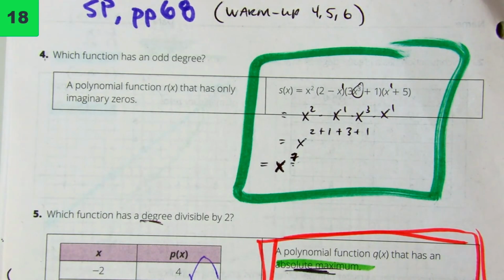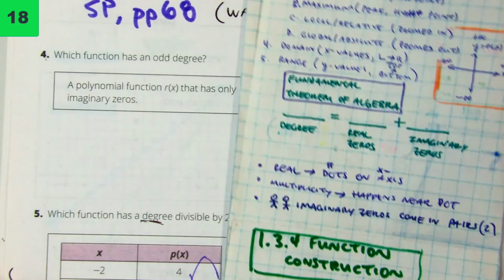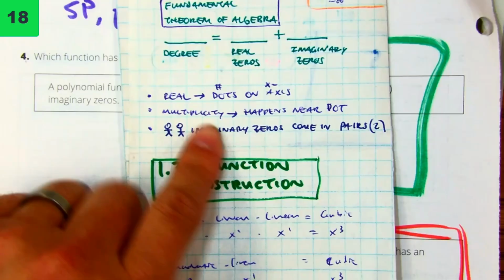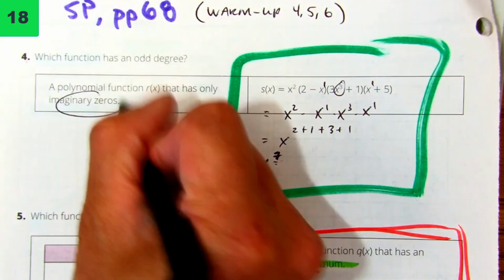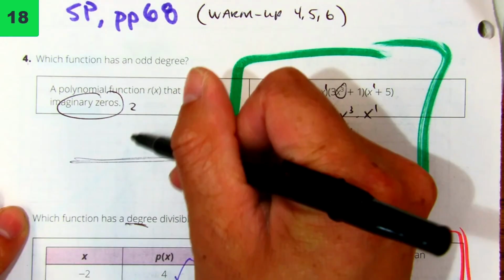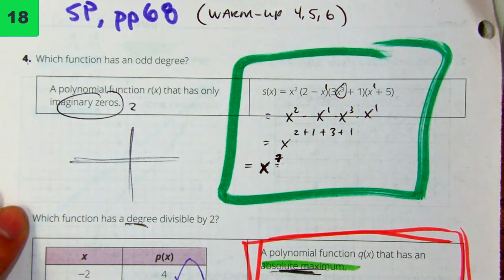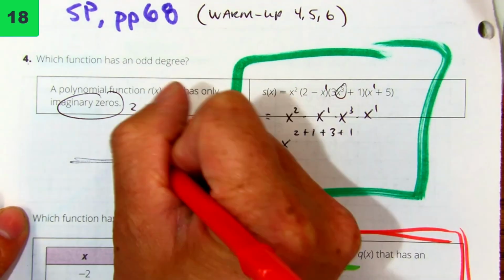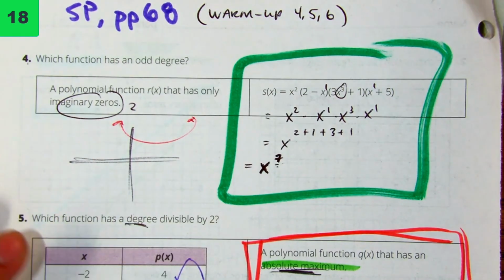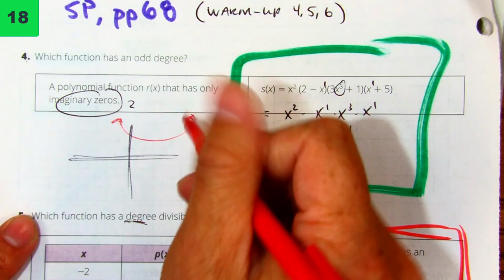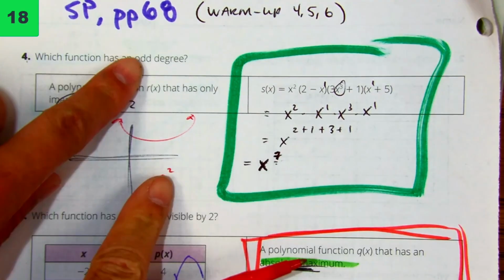Correct. It's like looking at you and your imaginary friend, right? Yeah. Imaginary zeros come in pairs. So this represents 2. Class, is this an even or odd? This is like x to the second, so it's not odd.